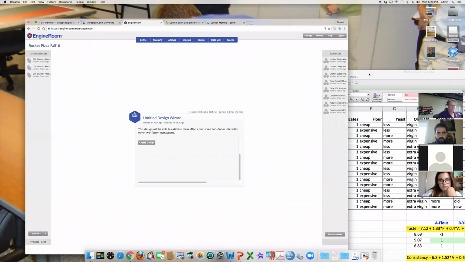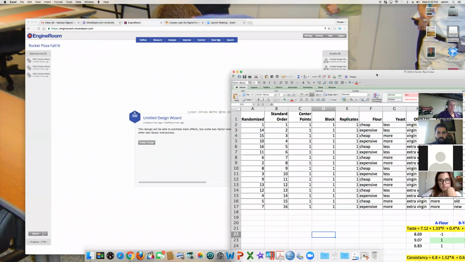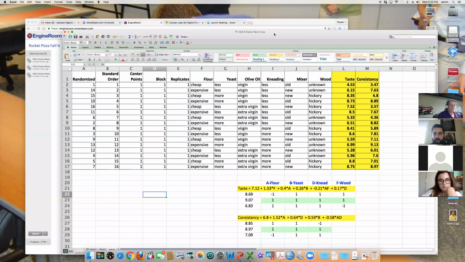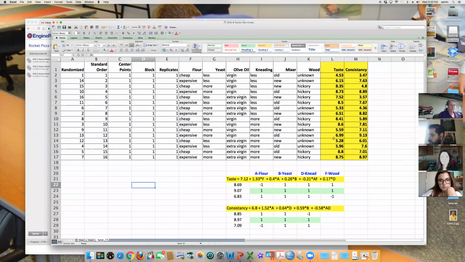So one thing, I'll start out, we're just jump starting this. What I did is I went through and ran the design wizard for the experimental design for this. Once we did that, I got the standard order for the experiment.